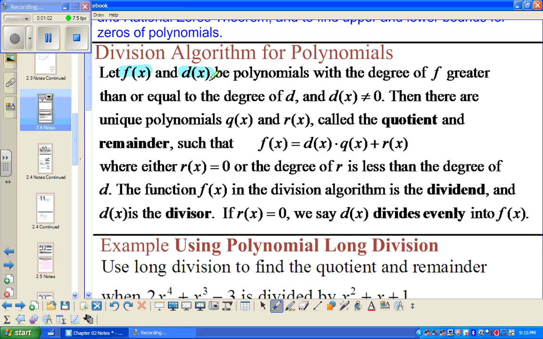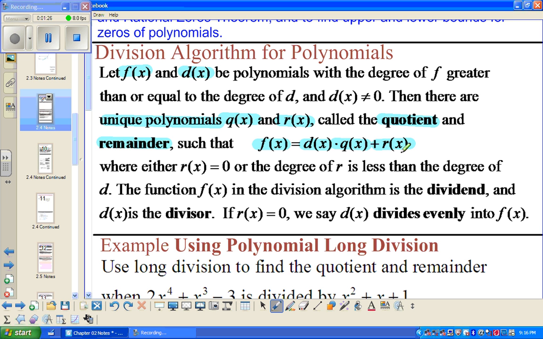When you divide f of x by d of x, there are unique polynomials, q of x and r of x, called the quotient and remainder, such that f of x will equal d of x times q of x plus r of x.